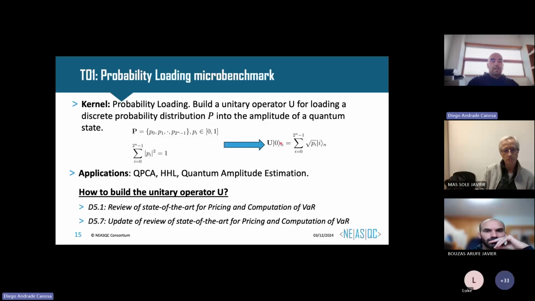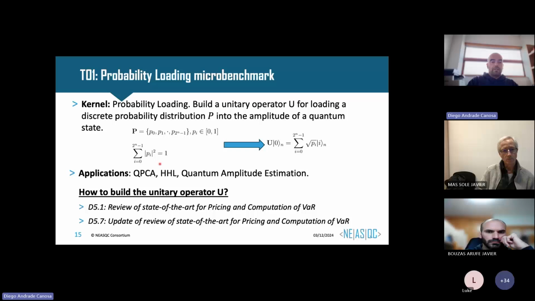And then the idea is that with a quantum circuit, we have to build a unitary operator that loads this probability distribution into the quantum circuit. This way, when we measure the output of the execution of this unitary operator, we are going to get state 0 with probability P0, state 1 with probability P1, and so on.